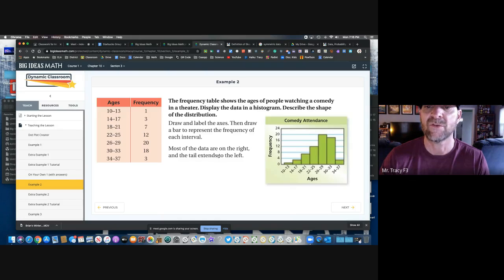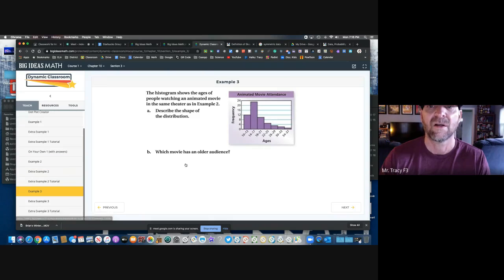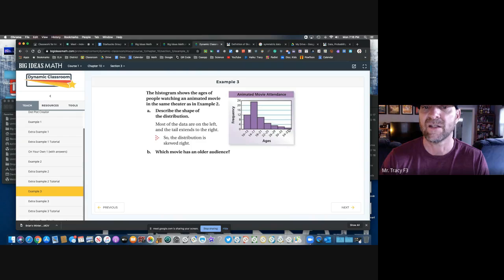They're saying most of the data are on the right and the tail extends to the left. So the distribution is skewed left. And this one here, can you see the tail is on the right? So it's going to be skewed right.